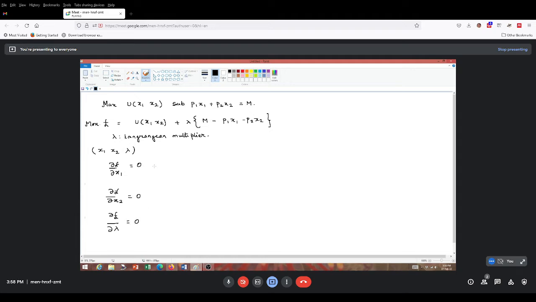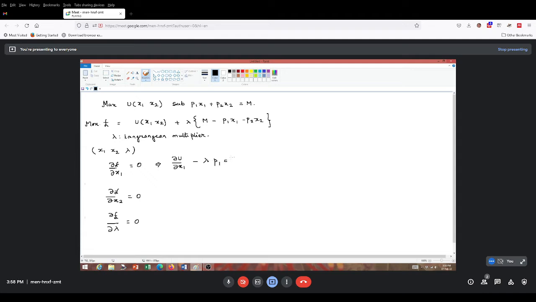Necessary conditions. So this implies we are differentiating with respect to x1. So we are going to have del u by del x1. The lambda comes over here. We treat all the other variables as constant. So the lambda is over here, and del x1 by del x1 is 1. So we have minus p1 over here.